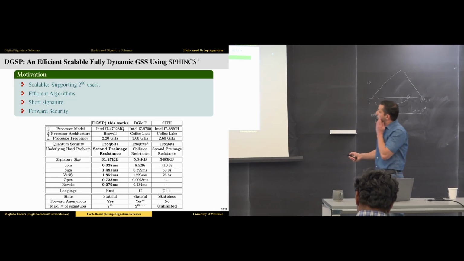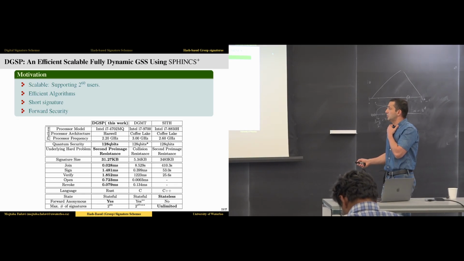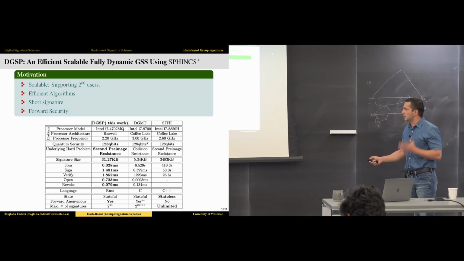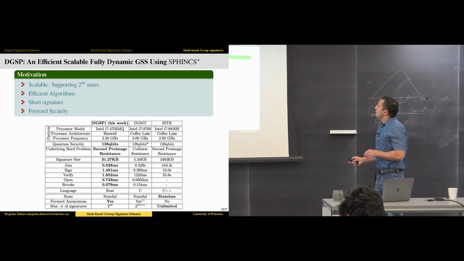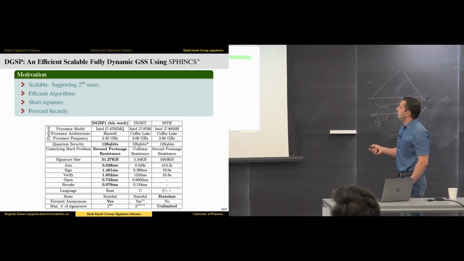And remember, I didn't add the setup time in this table, but DGMT needs around 6 hours for setting up their system for 2^27 signatures, while our scheme can be done in milliseconds, or in some seconds, not milliseconds. So our scheme is scalable. It supports 2^60 users. It has efficient algorithms, short signatures, and forward security.